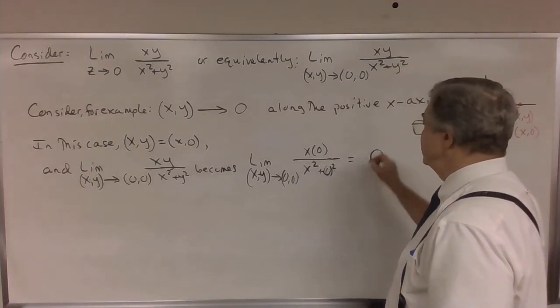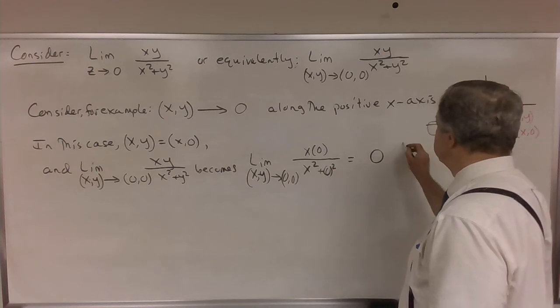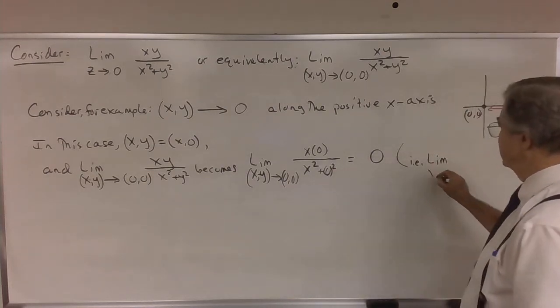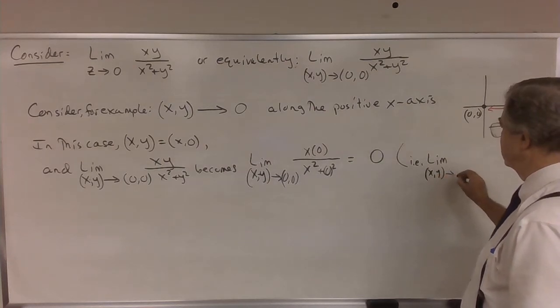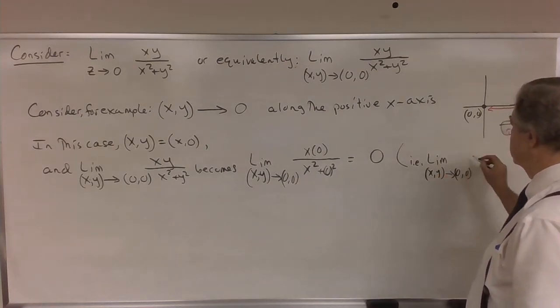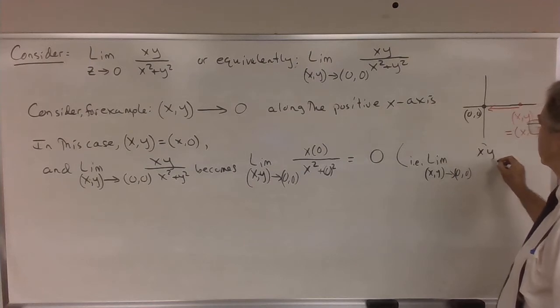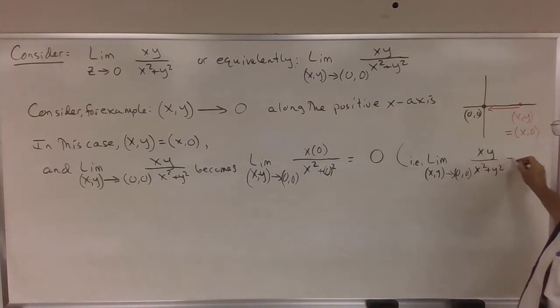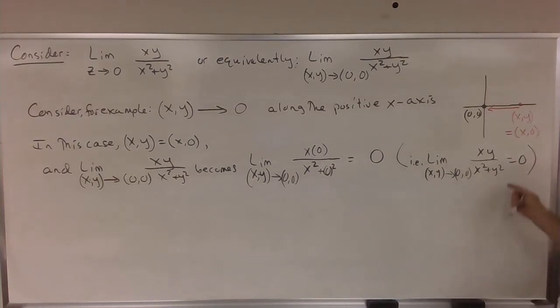And that's just going to be equal to 0. So supposedly, from our computation, the limit of xy over x squared plus y squared is equal to 0.